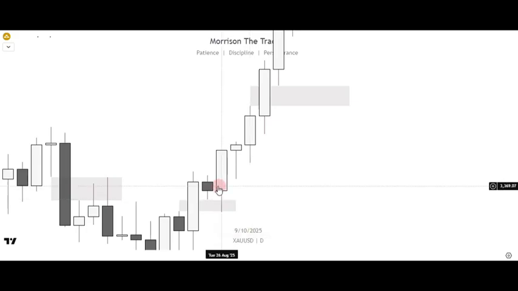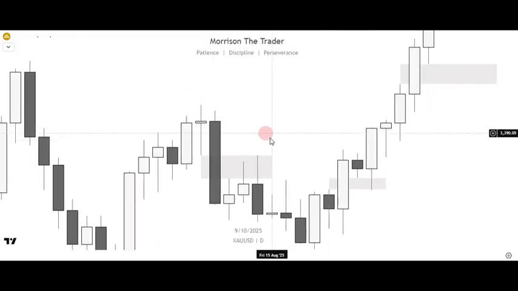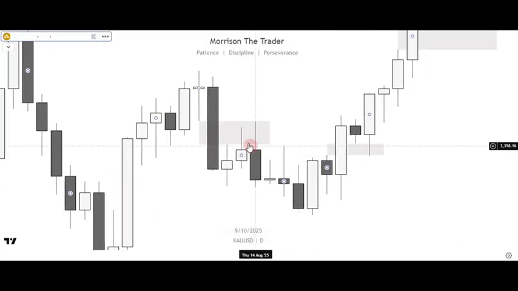You expect the market to come into that fair value gap, and then when it comes into it, you expect it to move away from it, or you expect the fair value gap to push price higher. Since the market is moving upwards, you expect the fair value gaps to support the price higher. And when the market is moving downwards, you expect the fair value gap to support lower prices. So when price comes back into the bearish fair value gap, you expect it to do what?